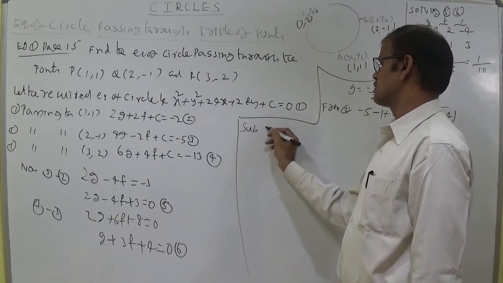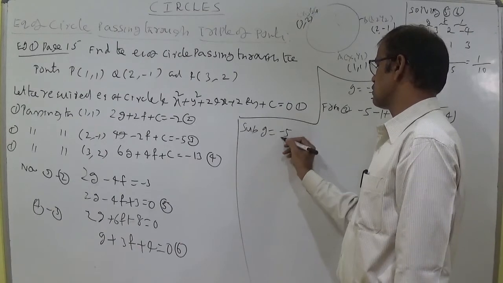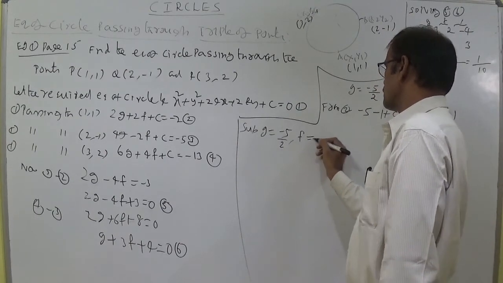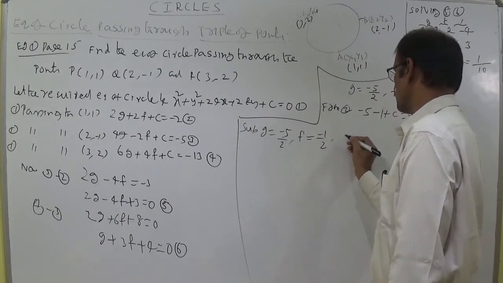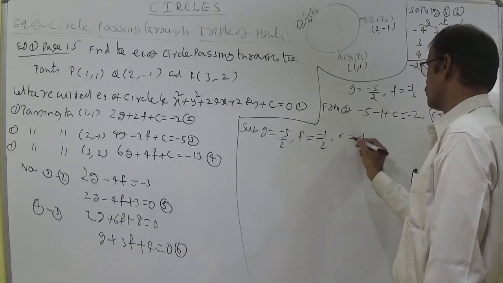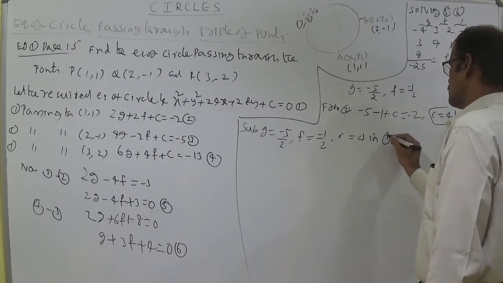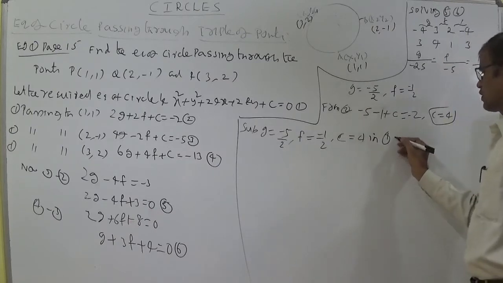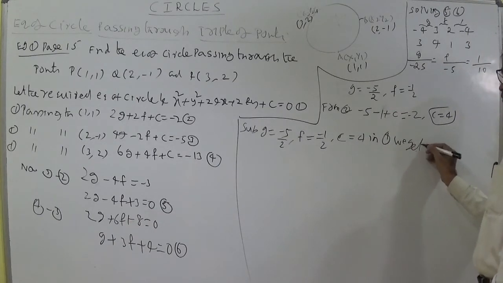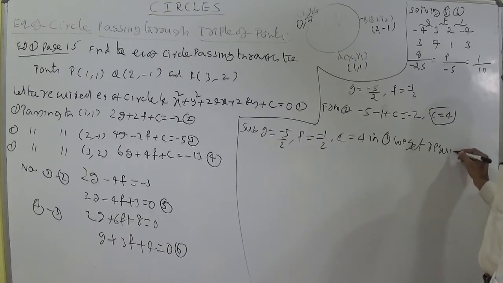Substitute here the value g is equal to minus 5 by 2, f is equal to minus 1 by 2, c is equal to 4 in 1, we obtain the required equation of circle.